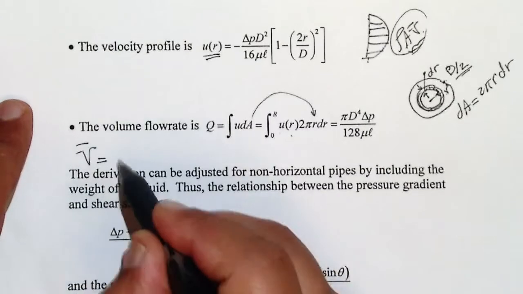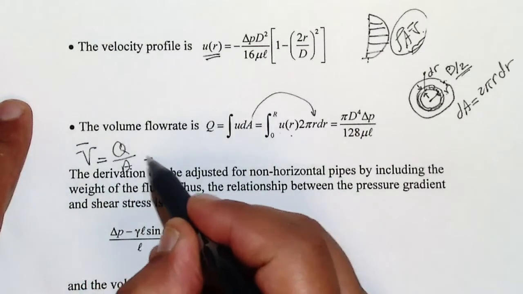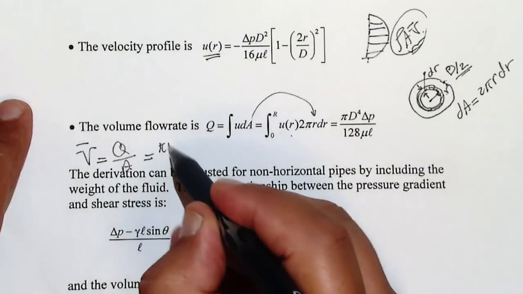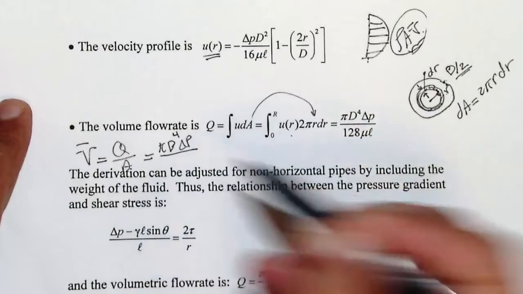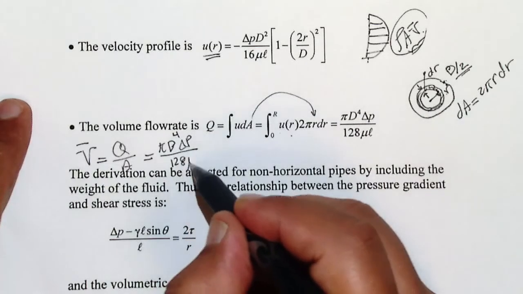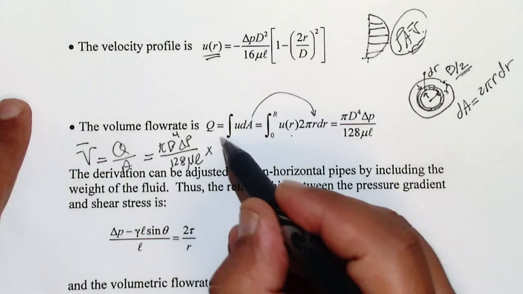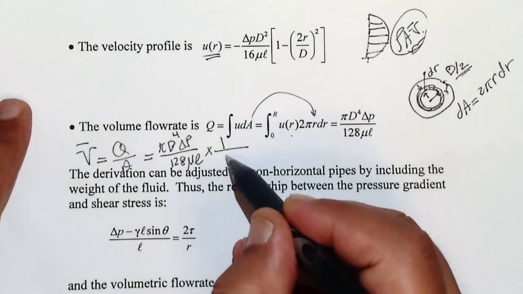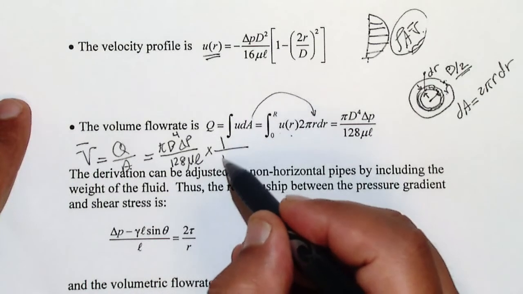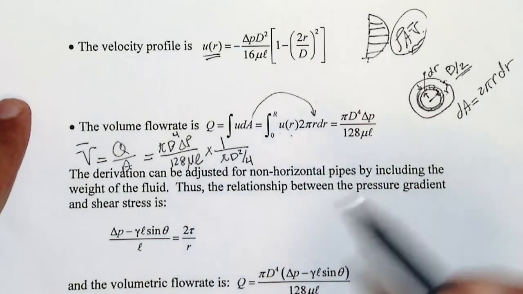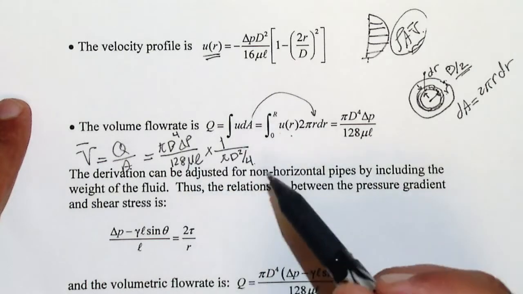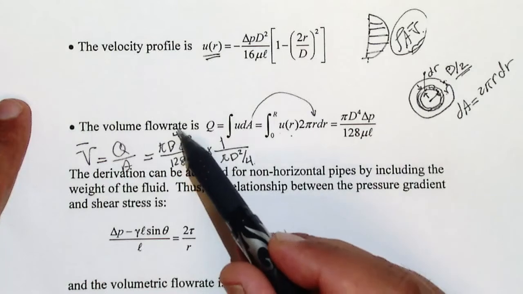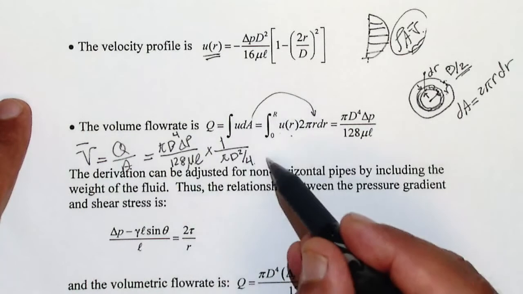What about V average? V average can be found by Q over A, right? So if you have pi D^4 delta P over 128 mu L, and you multiply it by 1 over A, which is pi r squared, or pi D squared over 4, then you can bring the 4 to the top and cancel with 128, which gives 32, and D squared cancels with part of the D to the power of 4.